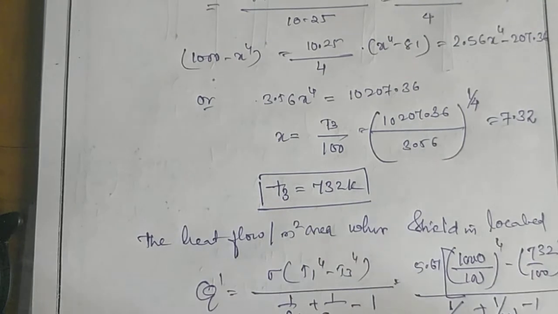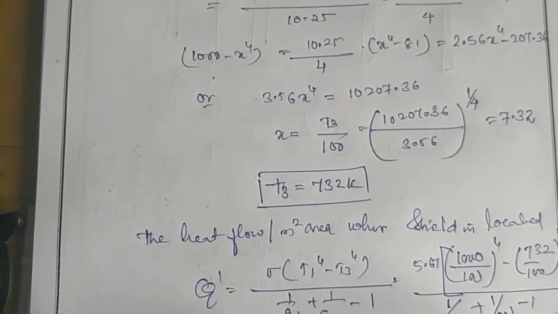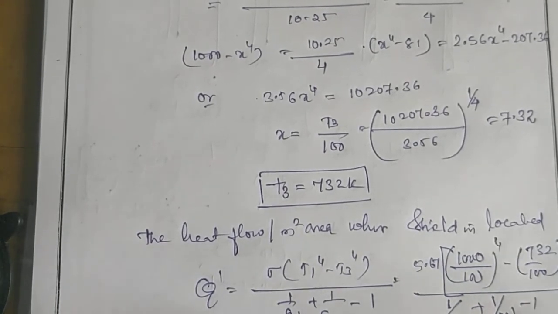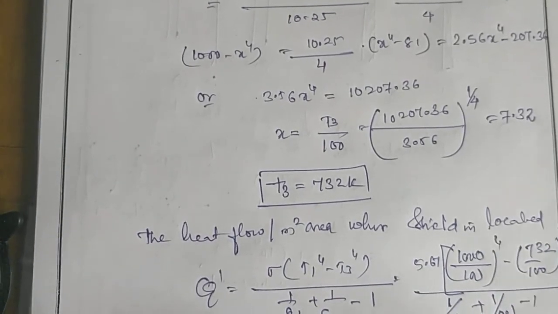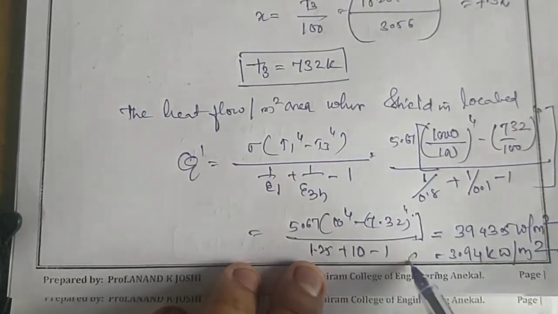So this becomes 3943.5 watt per meter square, or 3.94 kilowatt per meter square, that is Q dash.